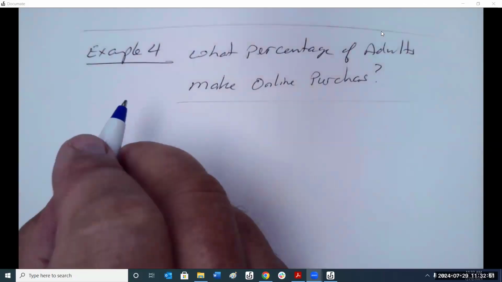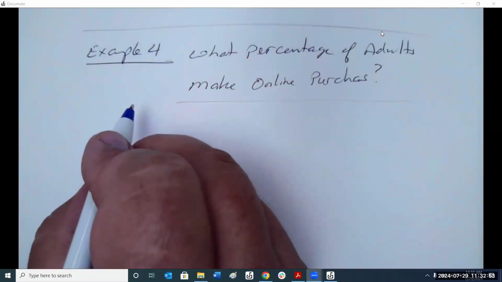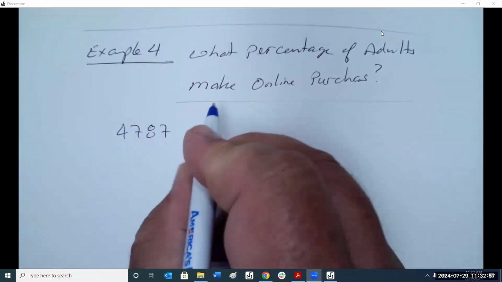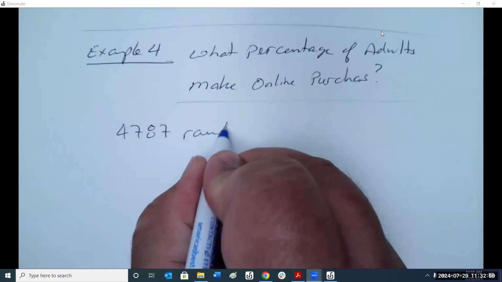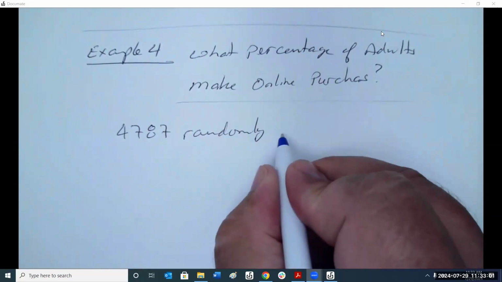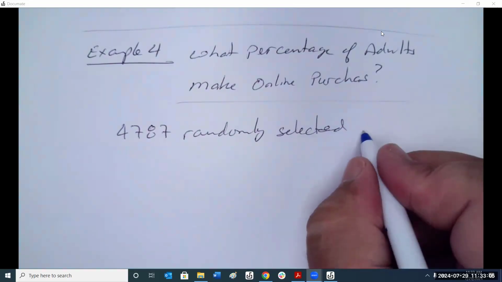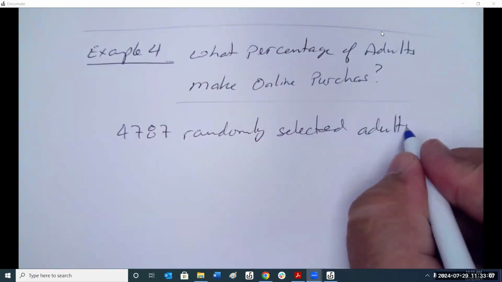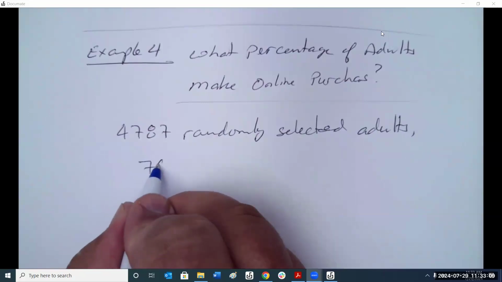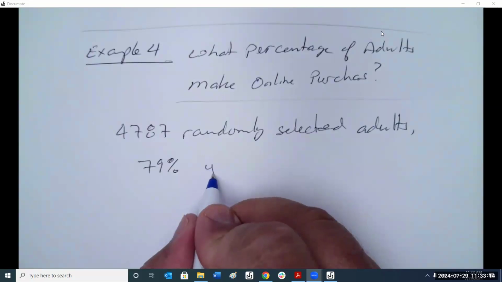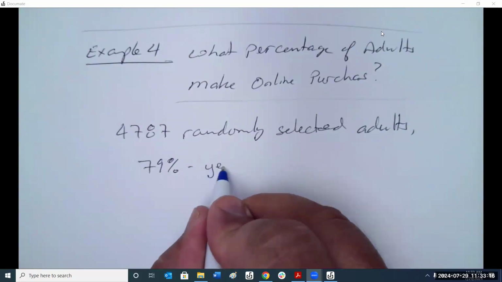A Pew research in 2016 said that out of 4,787 randomly selected adults, 79% said yes, they do.